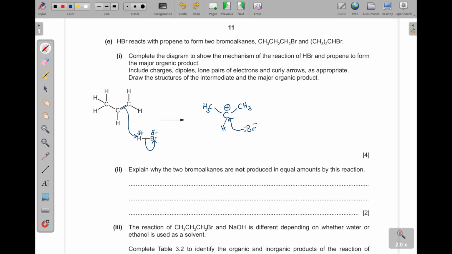That is now the intermediate, this one here. And then the product we are going to get is CH3, C, then CH3, CH, and then the Br.